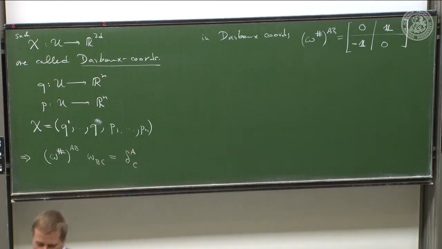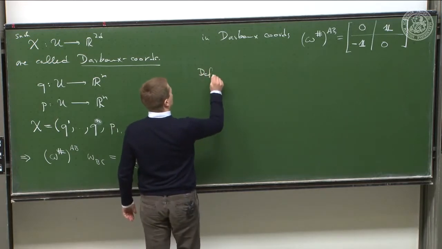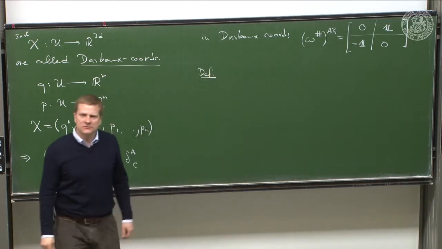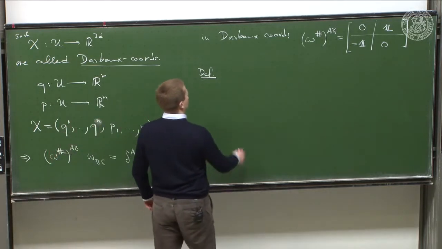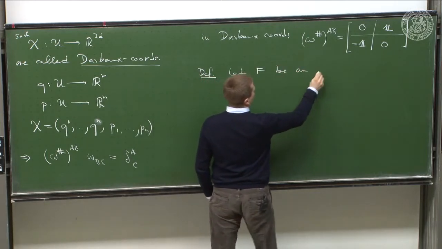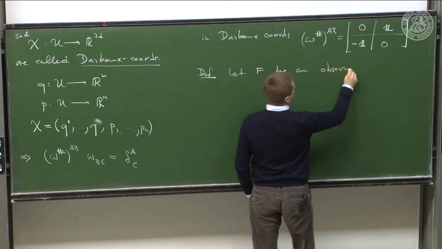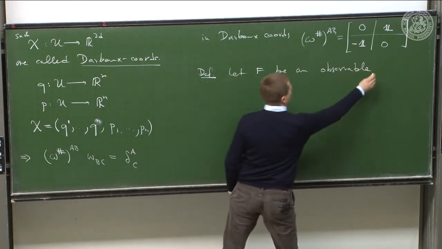Well, I did, but forget about it for a moment, because we now have another definition, namely that of a Hamiltonian vector field. It's a little bit of a misnomer because the Hamiltonian vector field exists for every observable, not only for the Hamiltonian. Okay, let f be an observable, so a smooth function on the symplectic manifold.